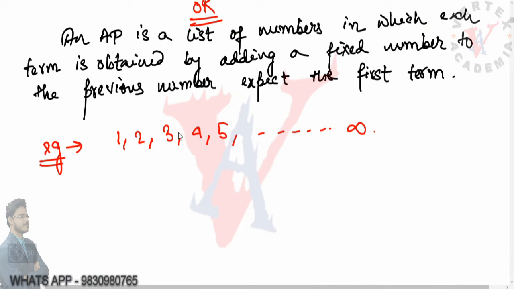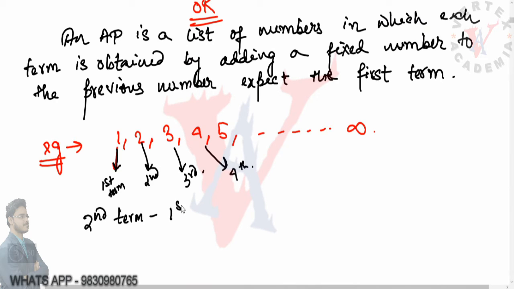Okay, now what are the terms here? 1 is the first term, 2 is the second term, 3 is the third term, and 4 is the fourth term. So now if we see the difference, second term minus first term equals 2 minus 1, which is 1.